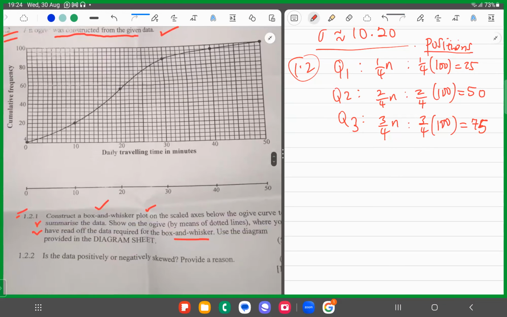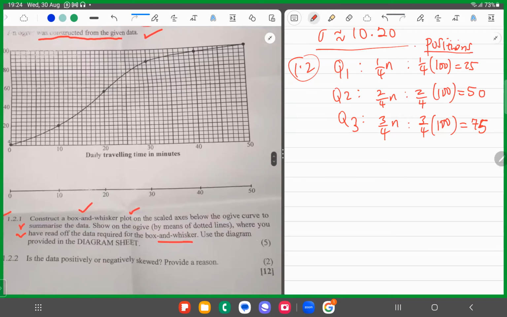So now, we need to construct a box and whisker plot on the scaled axis below the Ogive, below the Ogive curve, to summarize the data, show on the Ogive by means of dotted lines where you have read off the data required for the box and whisker. Use the diagram provided. Is the data positively or negatively skewed? You provide a reason for the answer. Okay. Now, let's look at this.